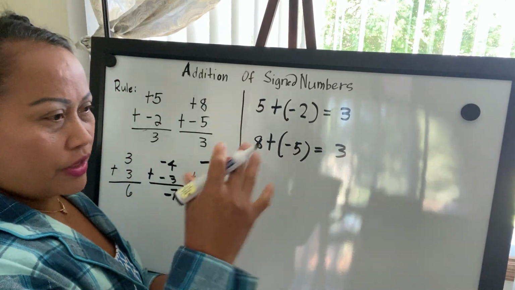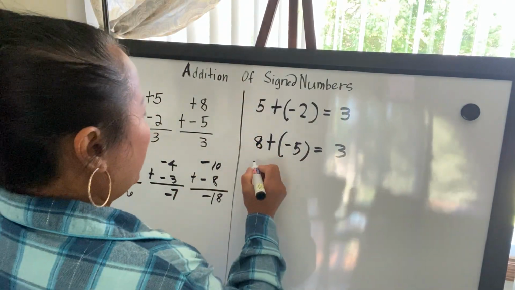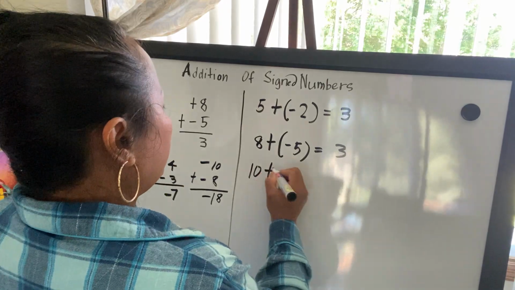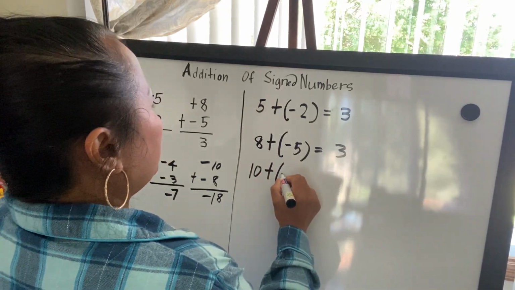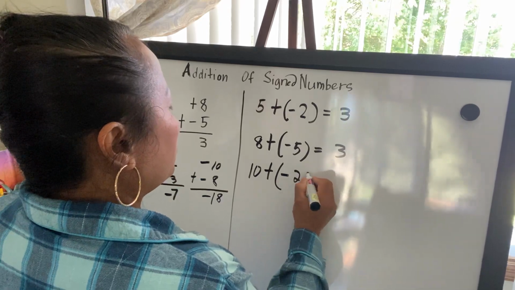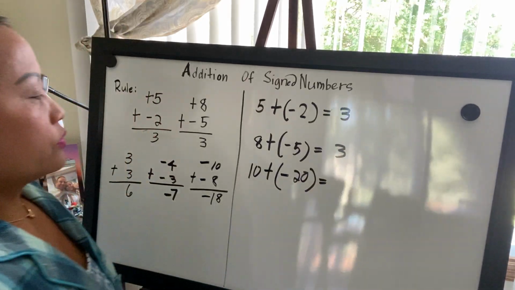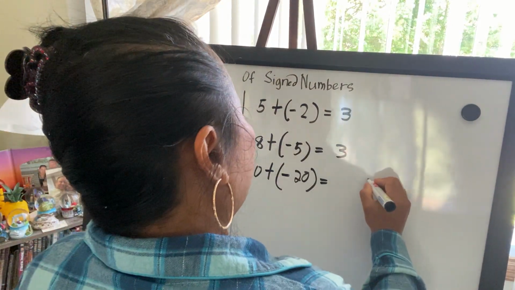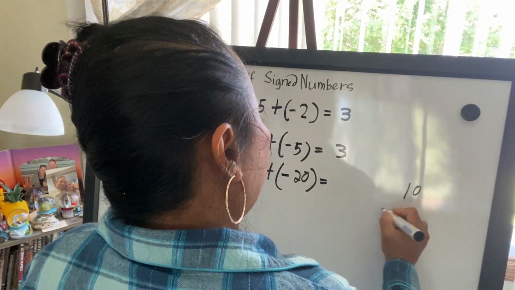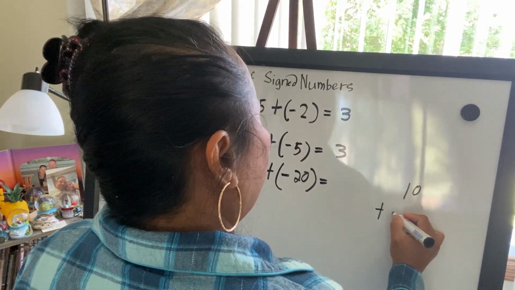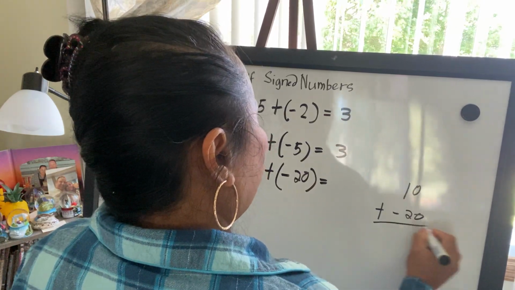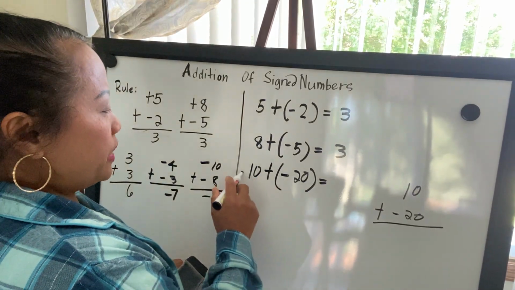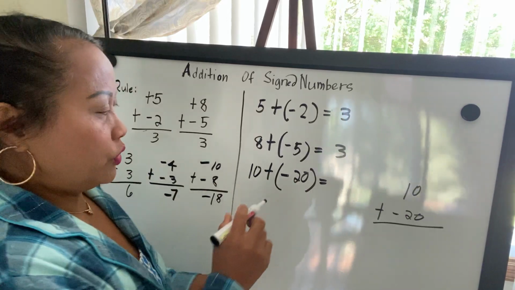Like 10 plus negative 20. This one can also be written like this: 10 plus negative 20. Okay? So this one, they have different signs, positive and negative. So we have to subtract.